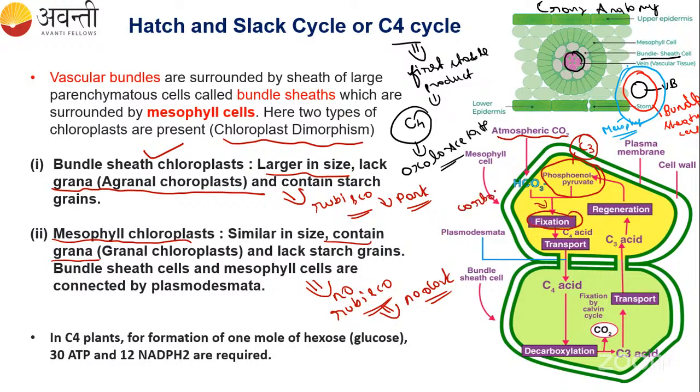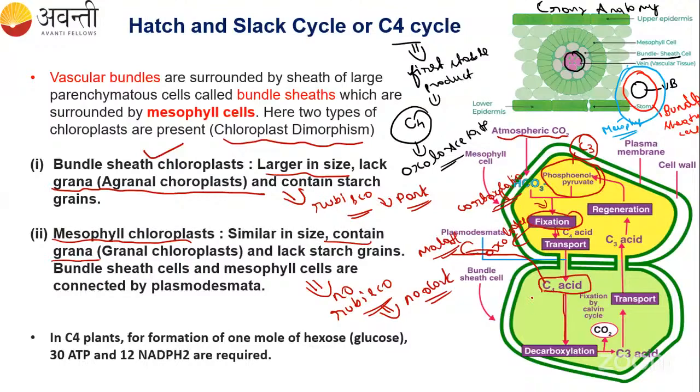The carboxylation takes place here by the phosphoenol pyruvate carboxylase enzyme. Then it is fixed into a C4 acid, that is oxaloacetate. This oxaloacetate cannot be transported to the bundle sheath cell, so it is converted into malate. This malate is transported to the bundle sheath cell.